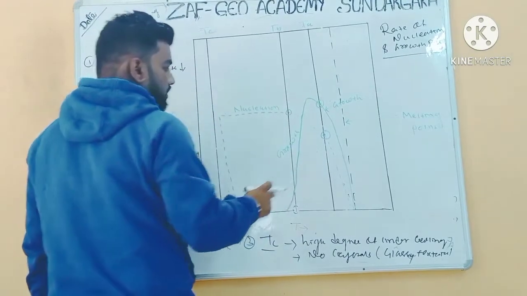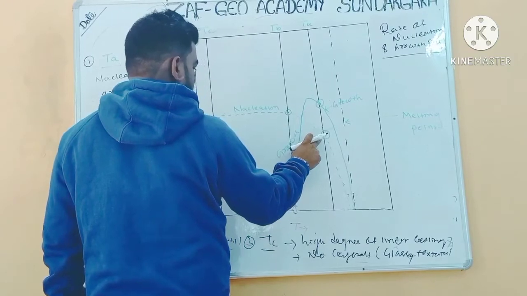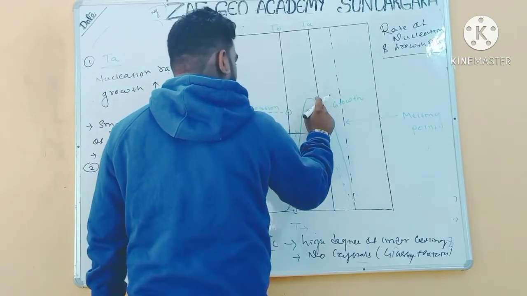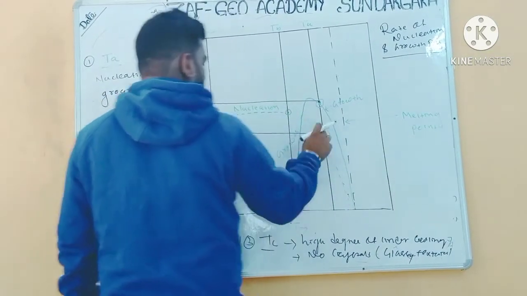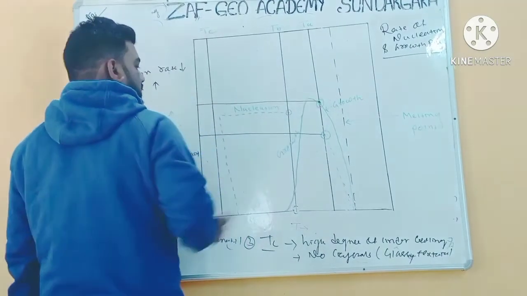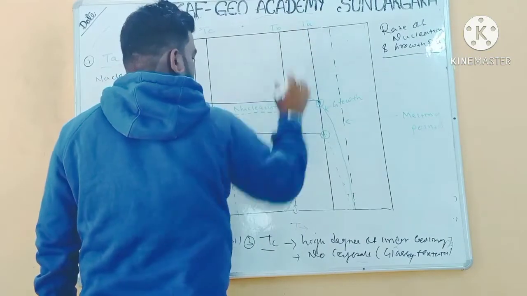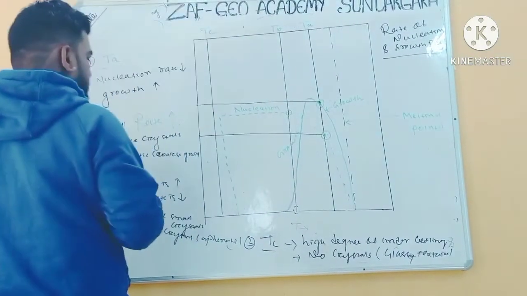The nucleation rate is low, but the growth is this much. So for temperature TA, the nucleation rate is low but the growth is high.